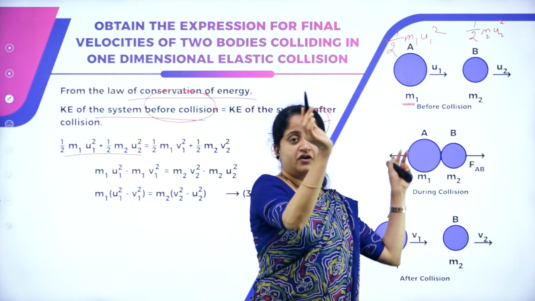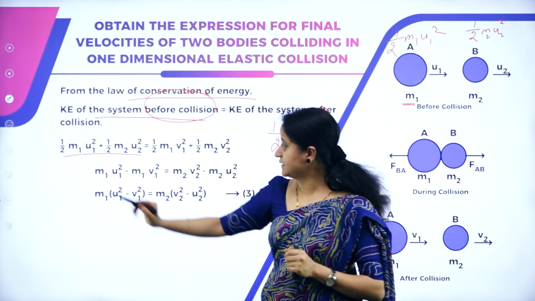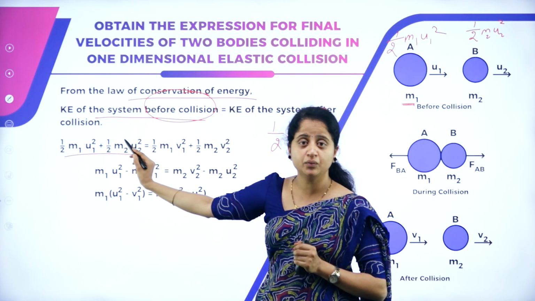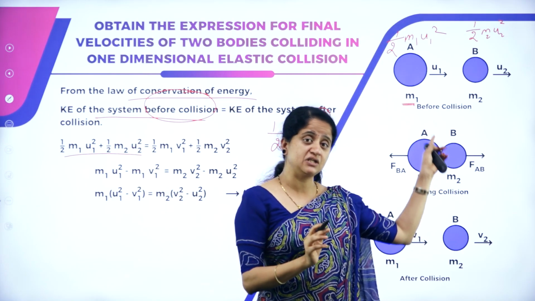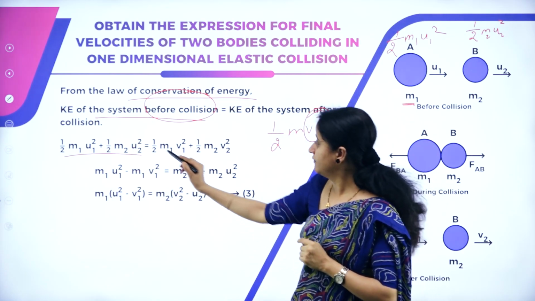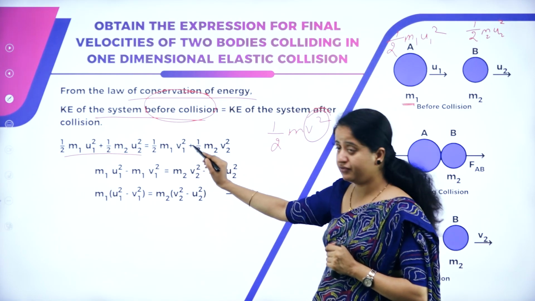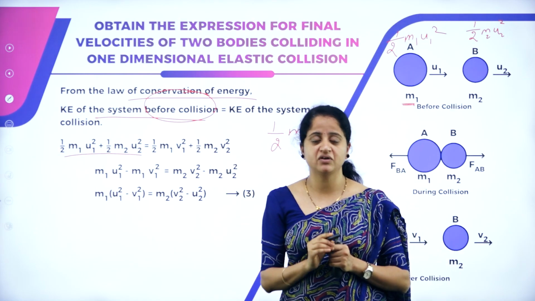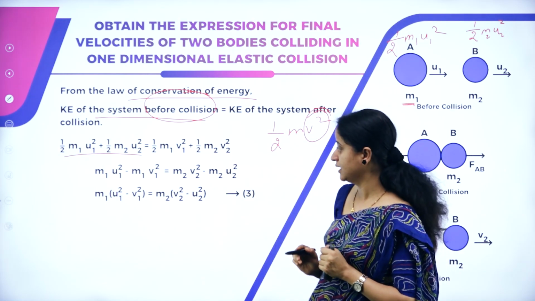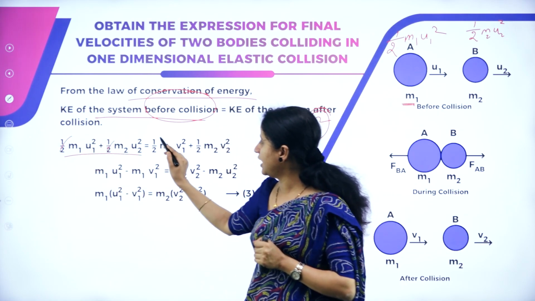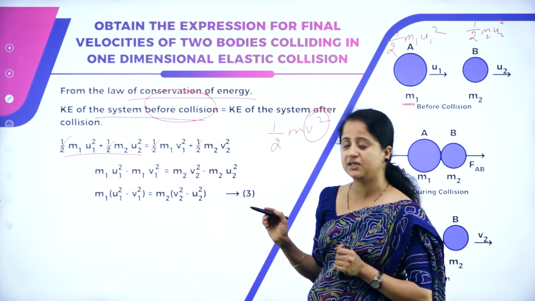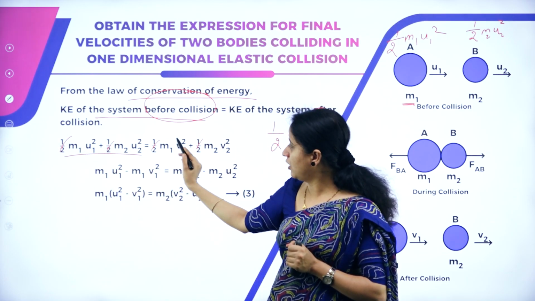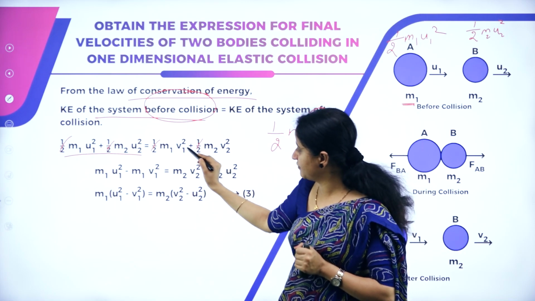So for the system, the expression is half m1 u1 square plus half m2 u2 square, where u1 and u2 are the initial velocities of the two bodies before collision, which is equal to half m1 v1 square plus half m2 v2 square, where v1 and v2 are the final velocities of the bodies after collision. Here we have a half common in all the terms, and hence we can cancel it and we remain with m1 u1 square, bringing all m1 terms to the other side, plus m1 v1 square.